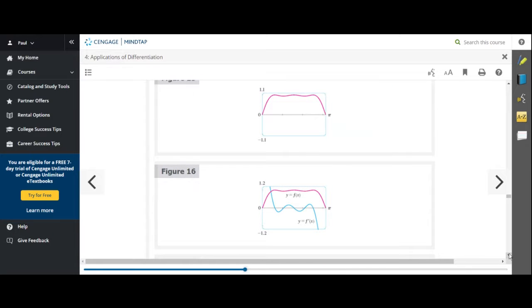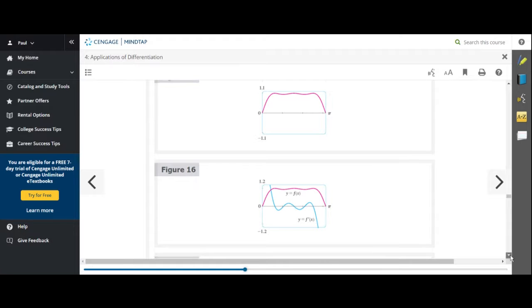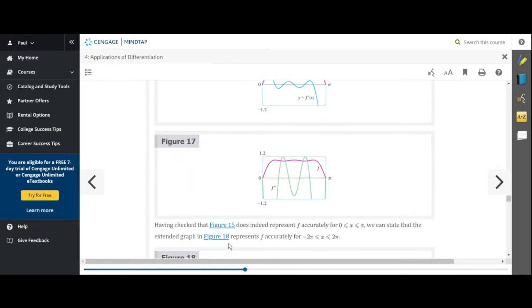So what they do here, if we go to figure 17, is find the second derivative using calculus. You still have to use calculus to find your first and second derivatives. But they graph the second derivative, and I'm looking at where the second derivative crosses the x-axis.